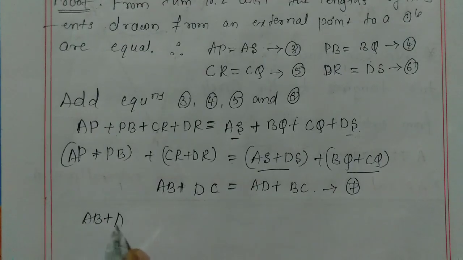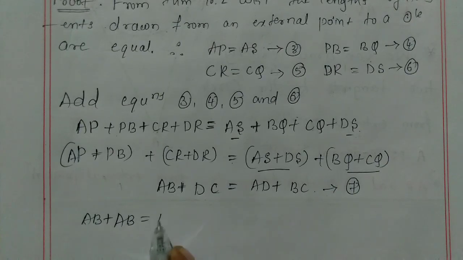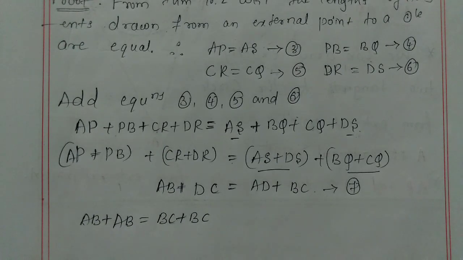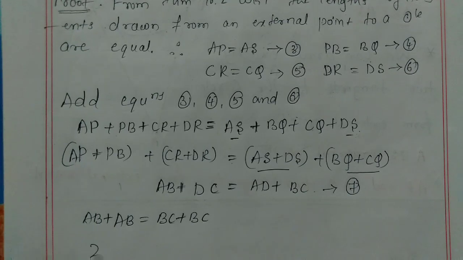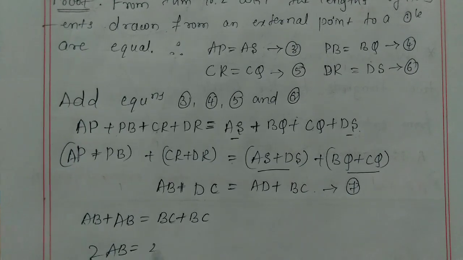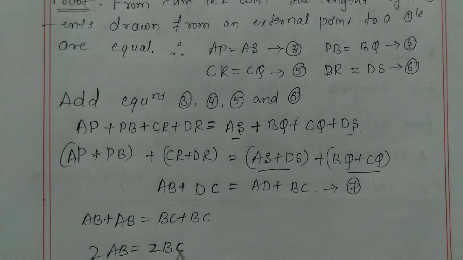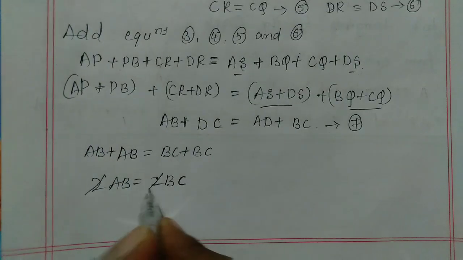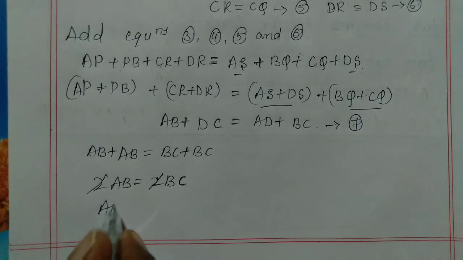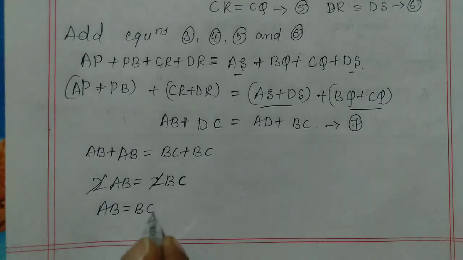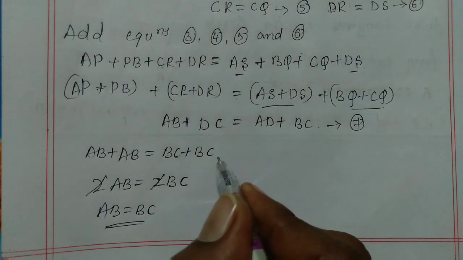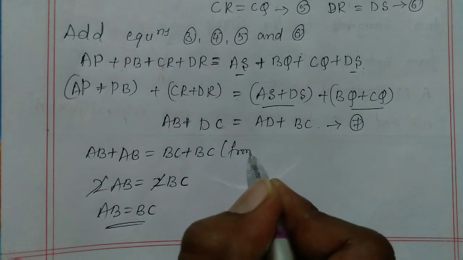So AB plus AB, which equals to BC plus BC. Right. So AB plus AB is here 2AB. 2AB equal to 2BC. Right. So next I will cancel these two, then I will get here AB equal to BC.